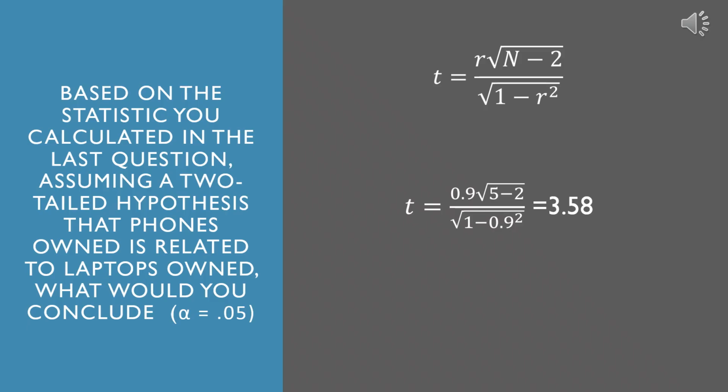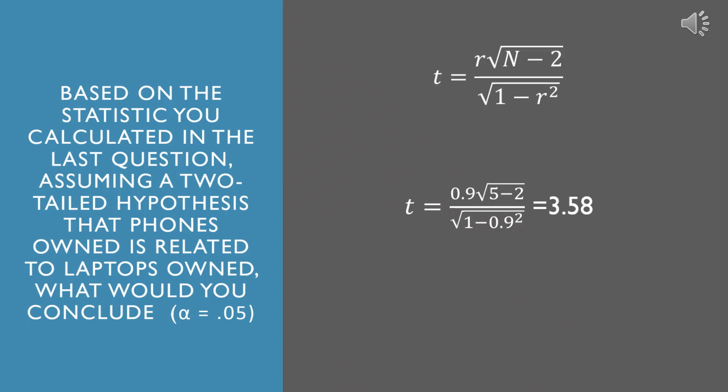We can reject the null hypothesis. We have a significant relationship between these two things, a significant correlation, and we know that the probability of observing such a high t-value is less than 0.05, is a small probability of seeing that if the null hypothesis were true.